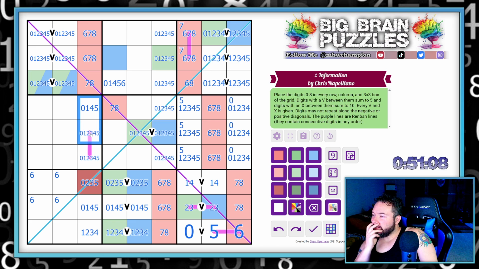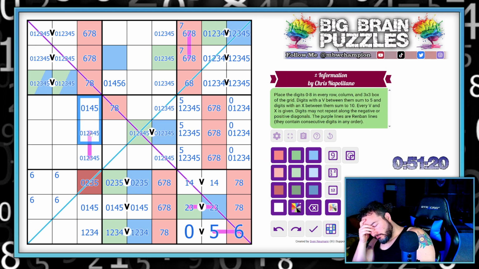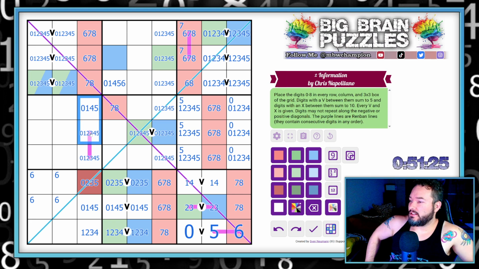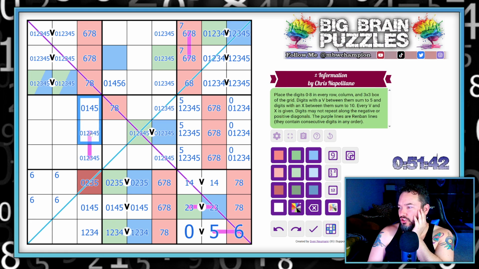You know what it doesn't say? It's not really clear. And this could be a thing. It's not really clear if it says digits between have to be adjacent.